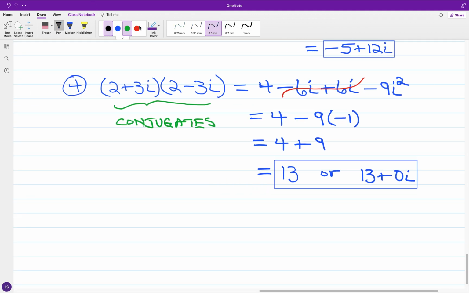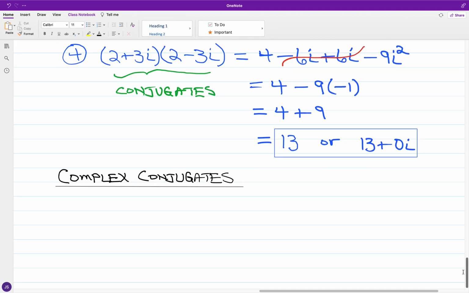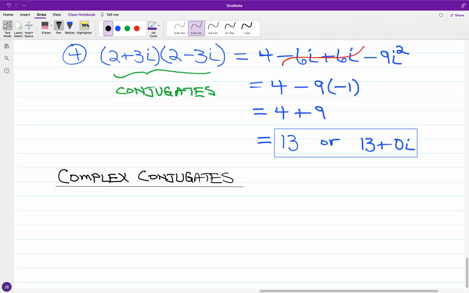And in the case of complex conjugates, we've had the standard form of a complex number to be a plus bi.